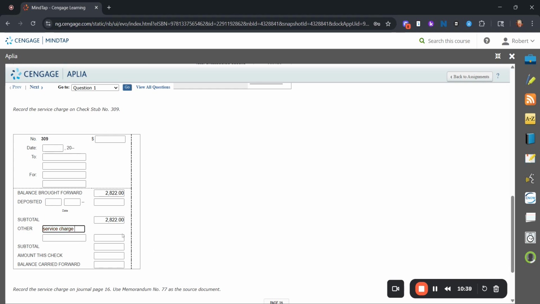Oh, I forgot. Cengage for MindTap makes us put the $20 in here, because there's actually a spot for another service charge if there were any. But for declined checks, we only have the one for service charge for $20. So we'll put 20 here.